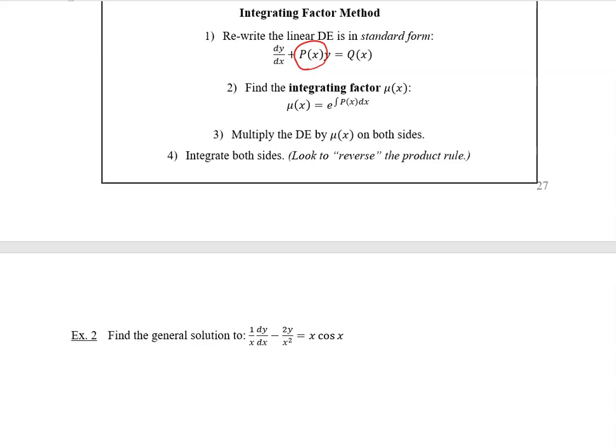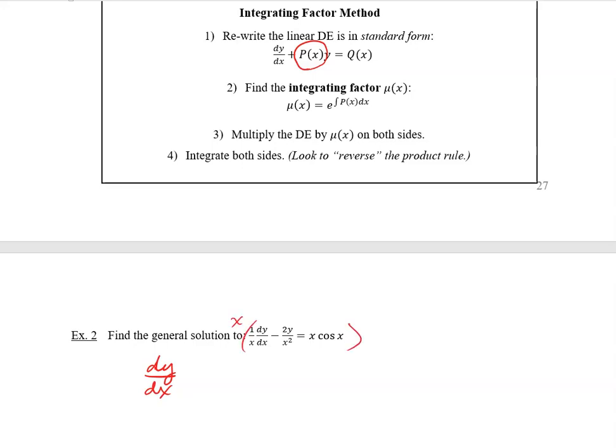In this case, this is not separable because of that minus 2yx squared. So what I am going to do is see if it is linear, first of all. And I'm going to try writing it in standard form. So I need to get rid of this 1 over x term. I'm going to multiply everything through by x to do that.